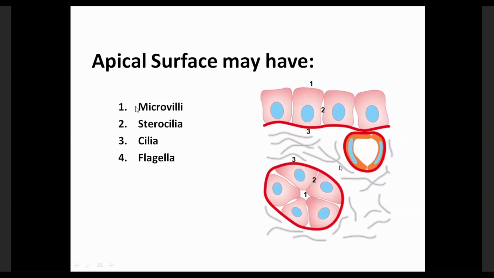But that does not mean that every epithelial cell has to have any one of these on its apical surface. That's not the case. Instead, I'm saying in some of the epithelial cells on the apical surface, you may see any one of these surface modifications.